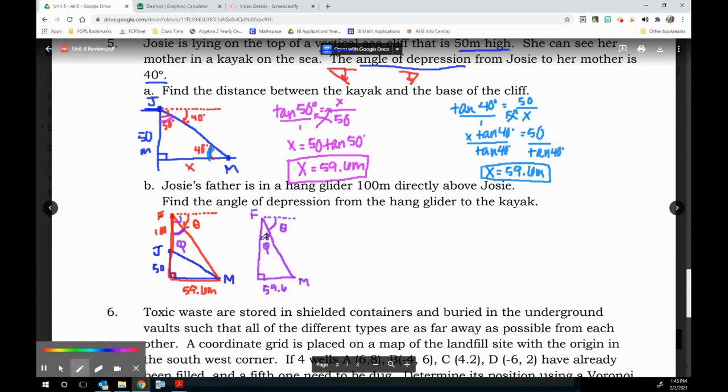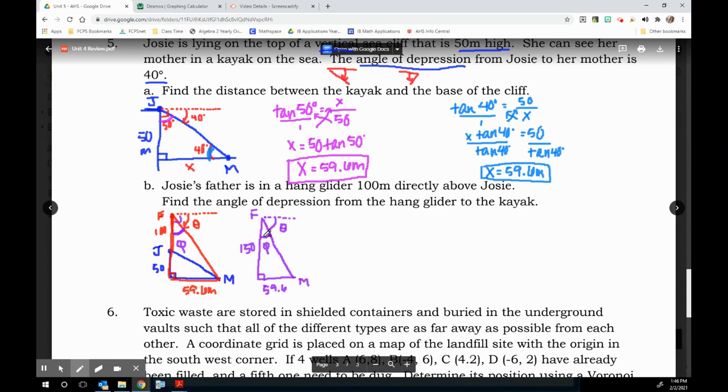So again, let me redraw just because of what's going on here. All right, so a little cleaned up. What I did not put in yet is this height from the sea itself to the hang glider. So they told us the original height from sea to Josie was 50, and then the hang glider is 100 meters above that. So this total height is 150.